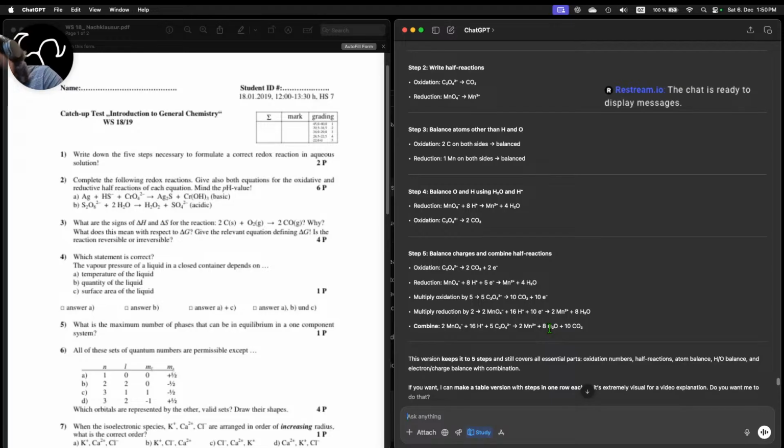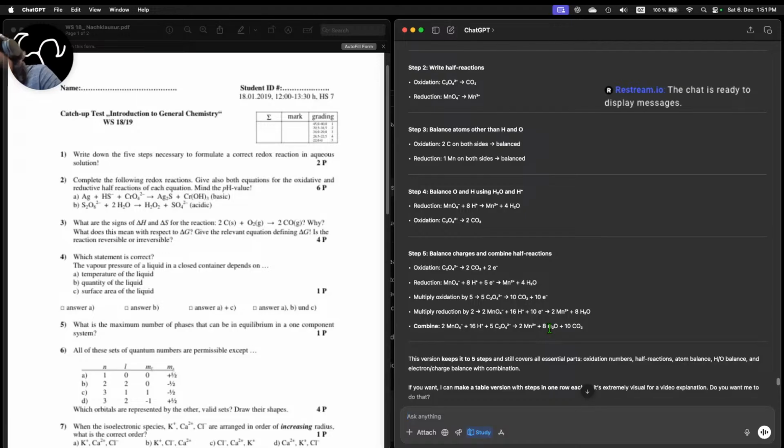So step 5, balance charges and combine half reactions. So balance the charges.